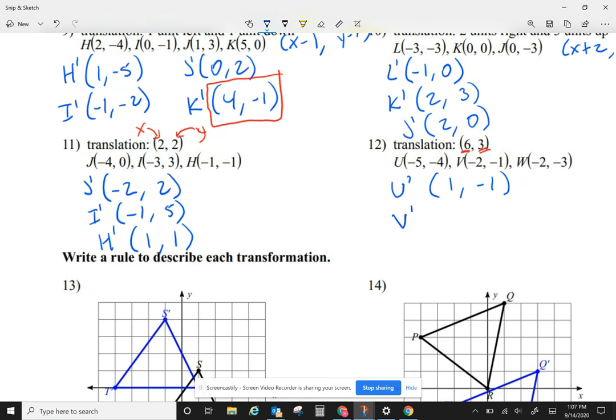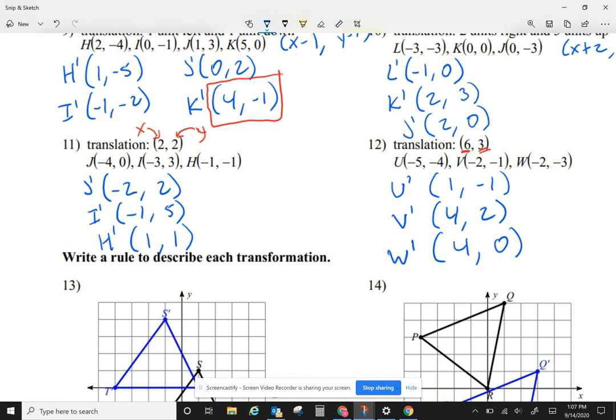Now if I'm solving for v prime, remember add 6 to x, so I'm going to get 4, and to the y value add 3. If I'm solving for w prime, add 6 to the x value, add 3 to the y value, and that's it.